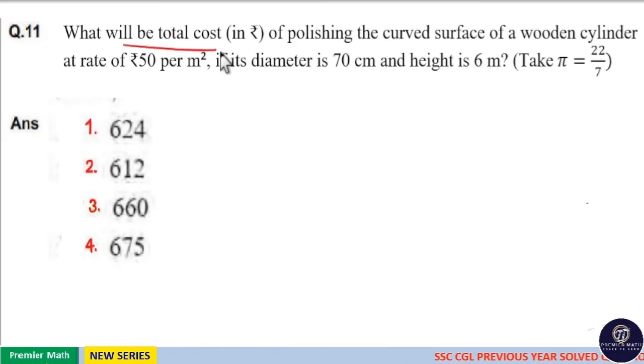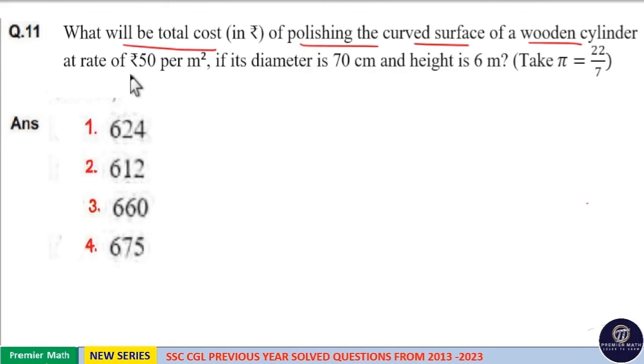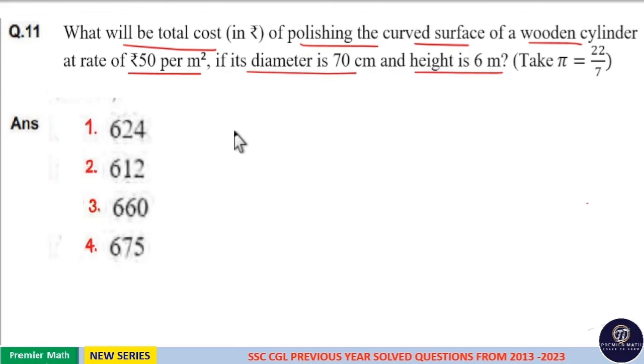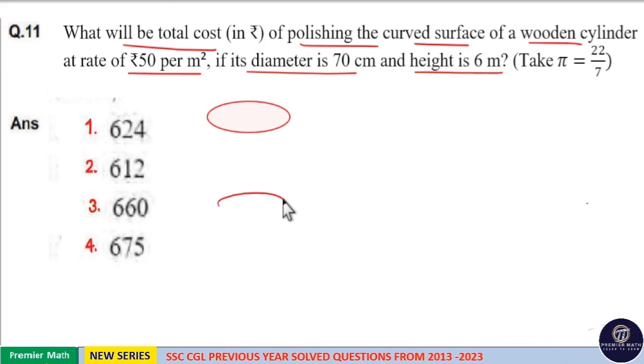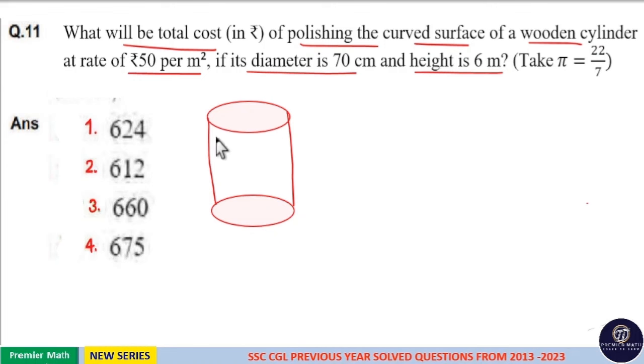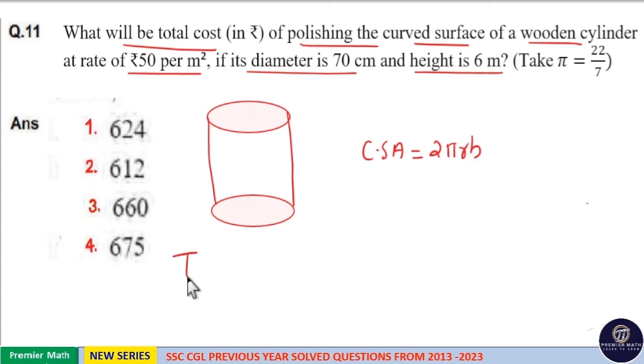What will be the total cost in rupees of polishing curved surface of a wooden cylinder at rate of 50 rupees per meter square if its diameter is 70 centimeter and height is 6 meter? Here curved surface area of cylinder is 2 pi r into h. This is the curved surface. This is equal to 2 pi r, circumference into height is equal to h. So curved surface area of cylinder is 2 pi r h. Now total cost.